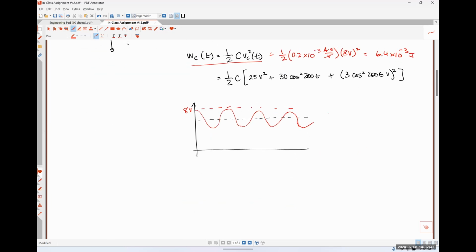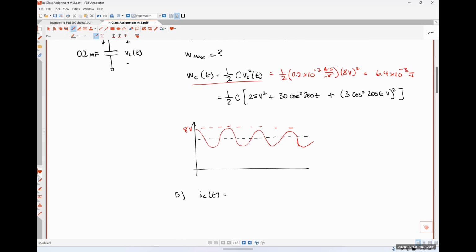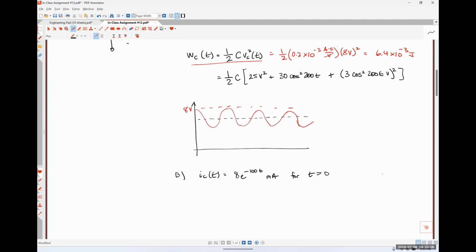Okay, so let's write some things down here. So for part B, we know that IC of t is 8e to the -100t milliamps for t greater than 0. And we know that VC of t was 0 volts for t less than or equal to 0, effectively.